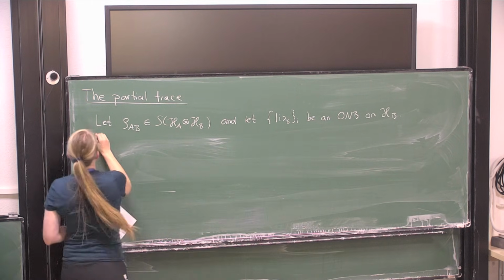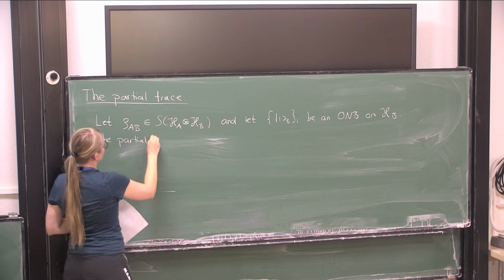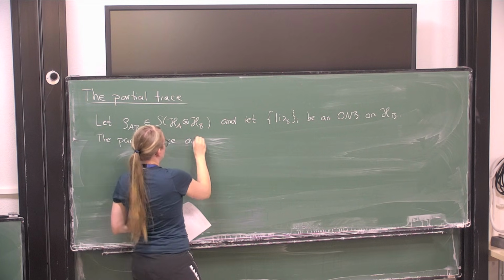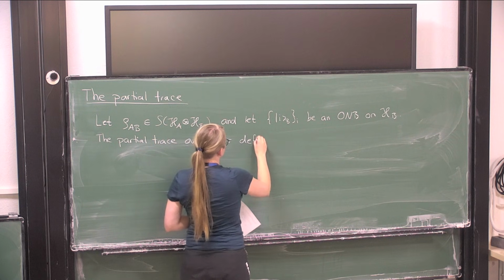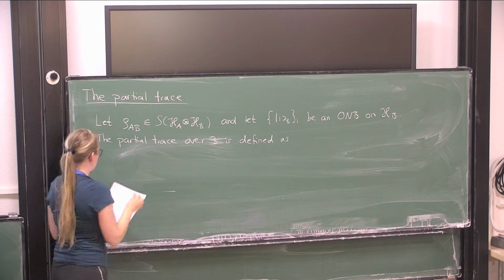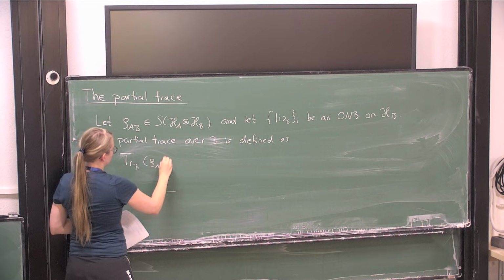Okay. Then the partial trace over B is given by the trace over B of the state rho AB.